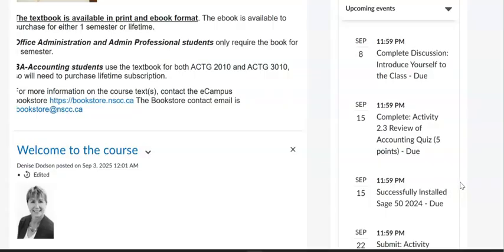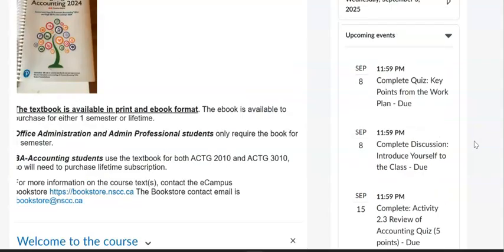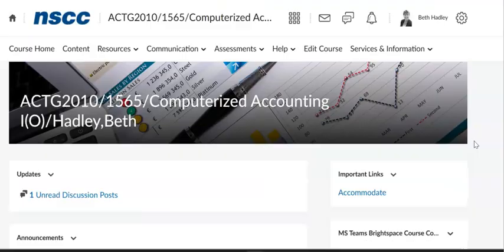One issue I've come in contact with in the past is some students actually are using work computers, and work actually uses Sage. This isn't going to work either. Only one version of Sage can be on a computer at a given time. So just a couple of things. Most of you it will not affect whatsoever, but a couple of you it may. So I wanted to bring that to your attention.